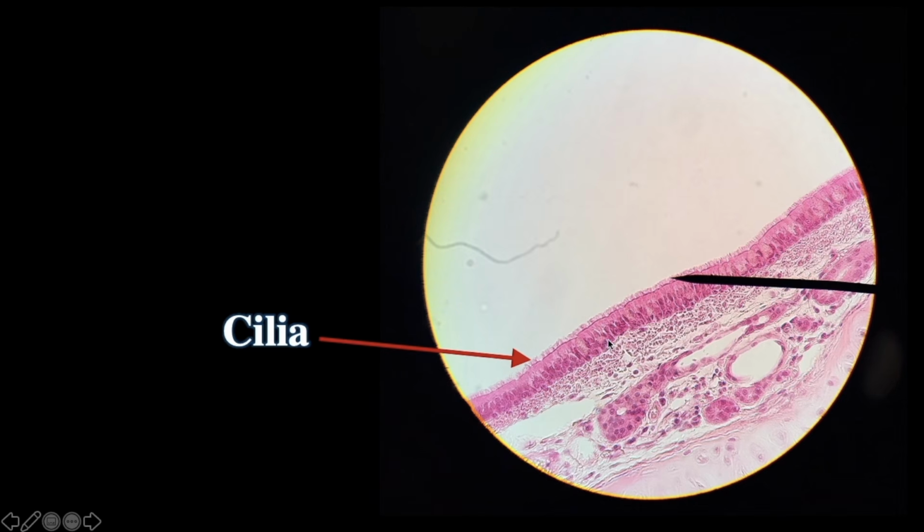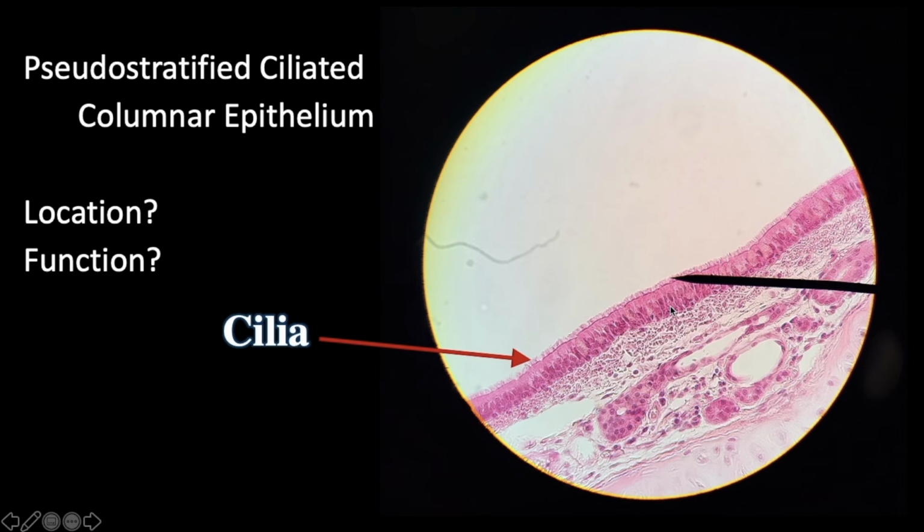It almost looks like it's stratified. It turns out this is not stratified, but it looks to be stratified, so we call it pseudostratified ciliated columnar epithelium. Pseudo means false, stratified means multiple layers, so it's falsely stratified.